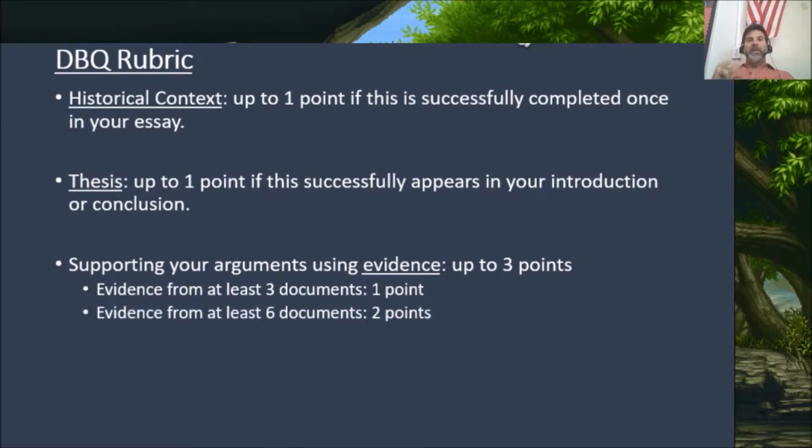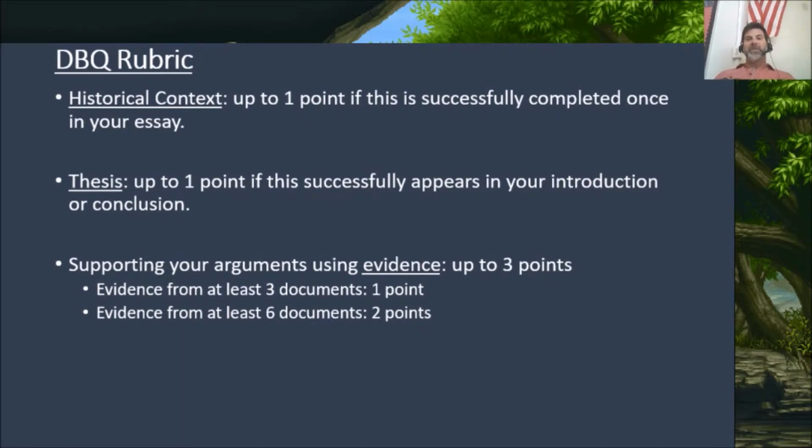But if you use evidence from at least 6 documents, that is 2 points instead of 1 point. So that means that there is partial credit available, but you should try to shoot for at least 6 documents. If you understand all 7 very clearly, use all 7 just to make sure you're covering your bases and to make sure that you are basically showing as much complexity as you can in your argumentation.